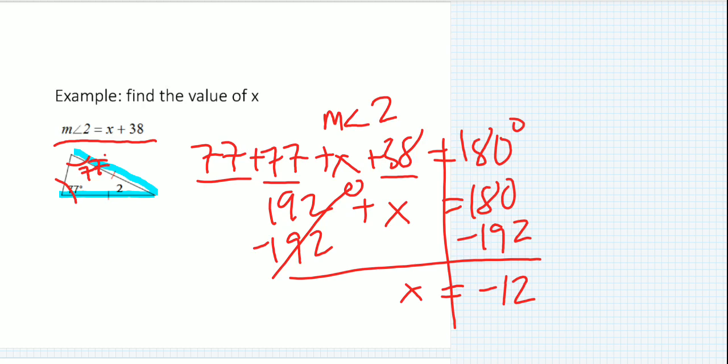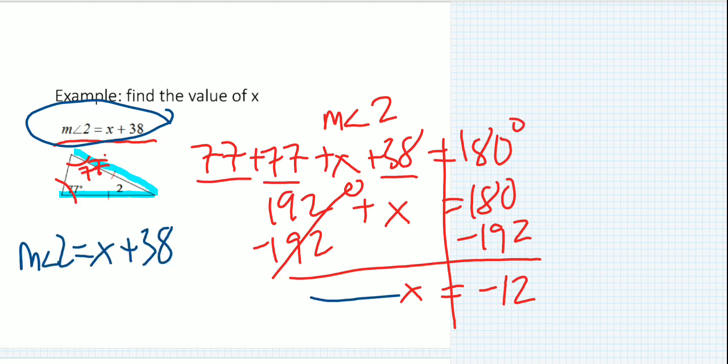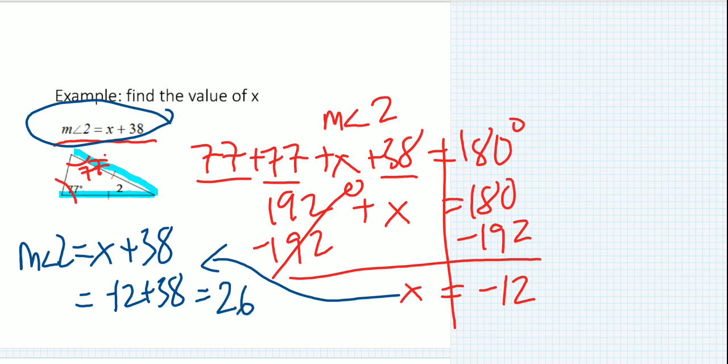If that's what you're thinking, that's a really good thing to think about. But if you notice here, let's think about this part right here. Measure of angle 2 is equal to x plus 38. If I substitute this answer into here, I get negative 12 plus 38, which is equal to a positive 26 degrees.